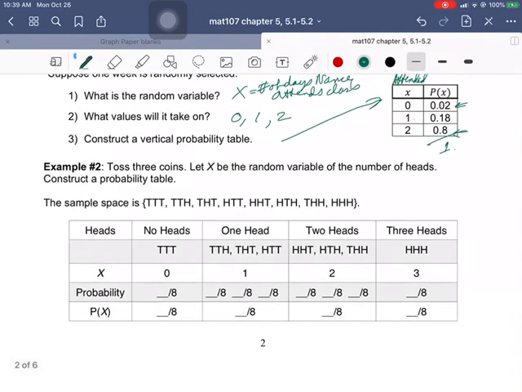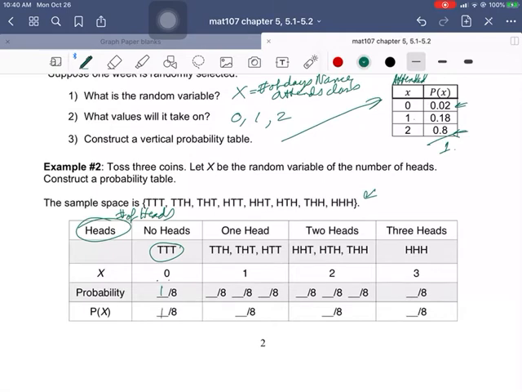So here's another example we had done before, tossing 3 coins. This is your sample space of your 8 outcomes from tossing 3 coins. The random variable we're picking is the number of heads, okay? So no heads. Well, if you got all tails, that's the only possibility with no heads. So no heads is 0 for x, and the probability of that happening is 1 out of all of these, right?